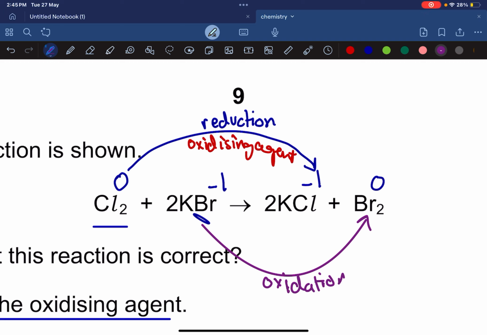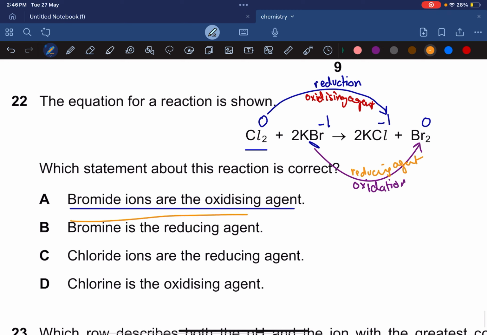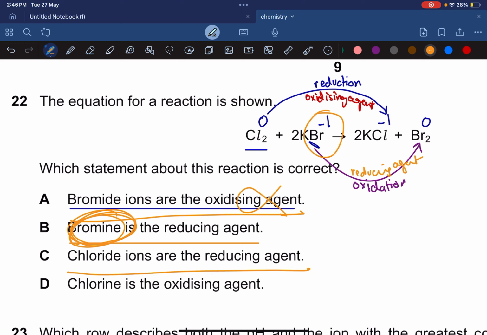And the substance that is undergoing oxidation itself is a reducing agent. So bromide ions are the oxidizing agent? No, they're the reducing agent. It's bromide ions, not bromine. These are ions over here. Okay, you need to understand. Chloride ions are the reducing agent? No, they're the oxidizing. So chlorine is the oxidizing agent, and that's the correct answer.